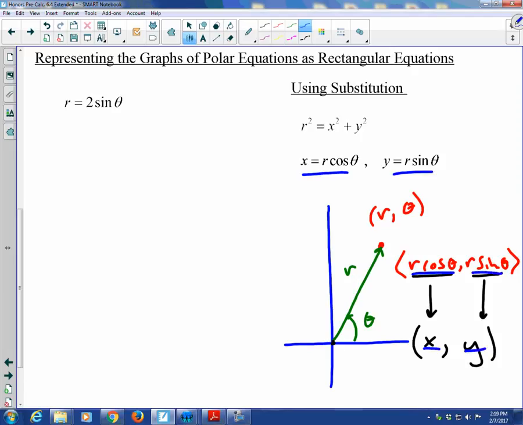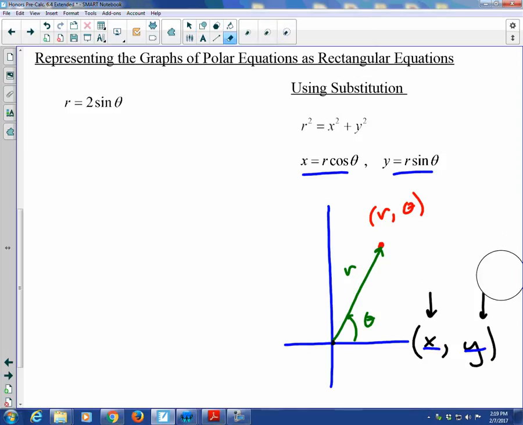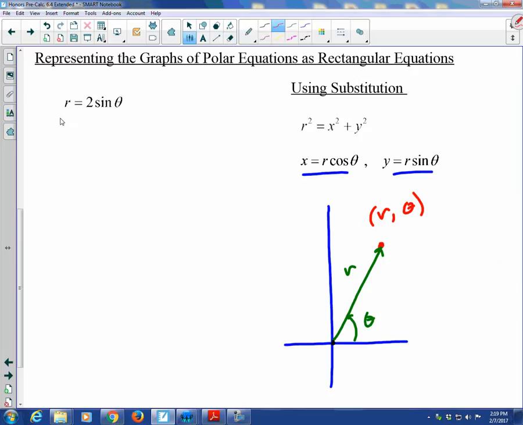Right? We can also relate r to x and y directly by using the Pythagorean theorem. Right? So if we drop a perpendicular from our point, we've got the length x right here as being one of the shorter sides of the right triangle, the length y as being the other of the two shorter sides, and r as being the hypotenuse for a right reference triangle right here.